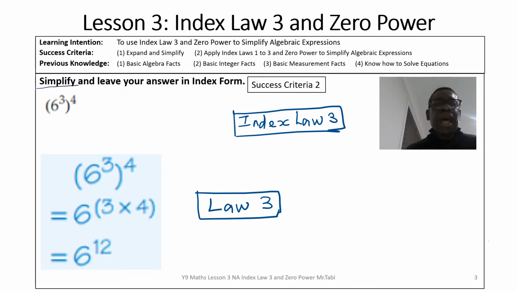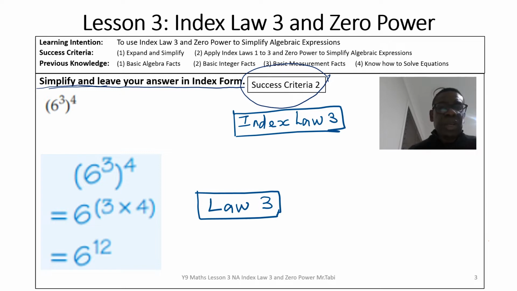Now, simplify the question here and leave your answer in index form. So let's apply success criteria 2 now, which is applying the index laws 1, 2, 3, or the 0 law. We've not done the 0 law yet, so index law 1, 2, or 3. Knowing that index law 3 is power of a power, we multiply the indices.